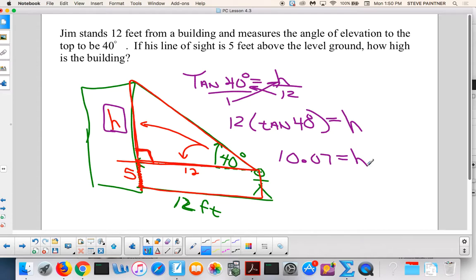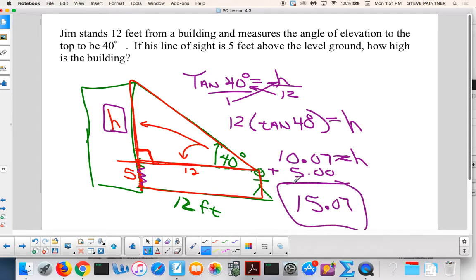Is it 07? Okay. It's roughly 10.07 plus what? Plus that 5, so you got to add that on. So, how tall is the building? 15.07 feet. Put my unit on the back side.